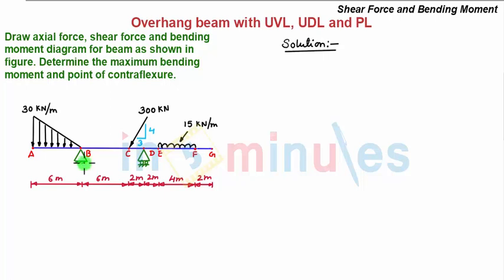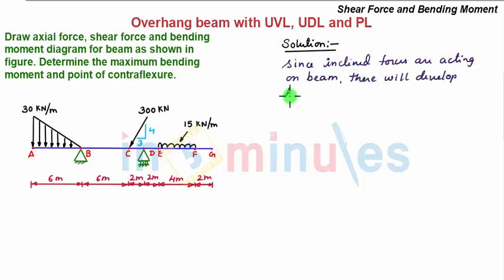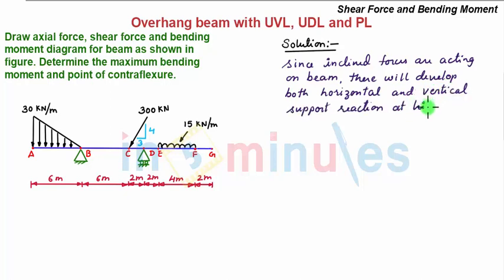Solution. First thing, let us show the support reactions at hinge support B and roller support D respectively. Since inclined forces are acting on the beam, both horizontal and vertical support reactions will develop at hinge support B. We'll have a horizontal support reaction at point B denoted as HB and a vertical support reaction denoted by VB.